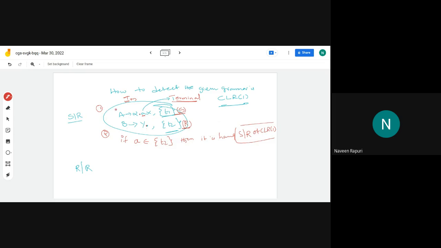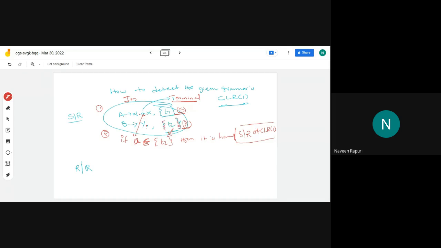So once again, I will explain. Here I am taking two productions: A derives alpha dot small a x, comma some lookahead symbols, and B derives y dot, comma some lookahead symbols. This is the shift production and this is the reduce production. After satisfying this rule, we need to check one more rule. What is this small a? It is the shifting terminal, and it should belong to T2. What is T2?